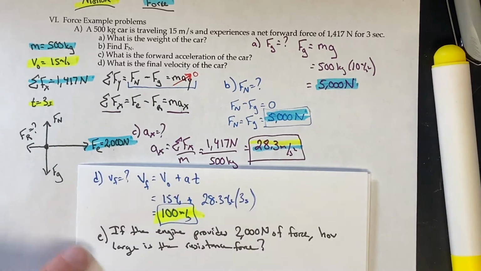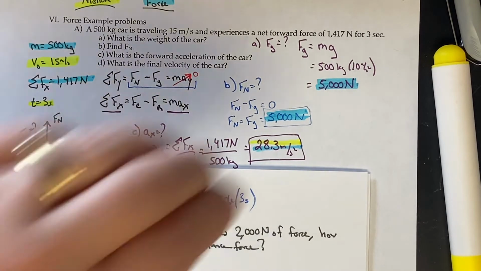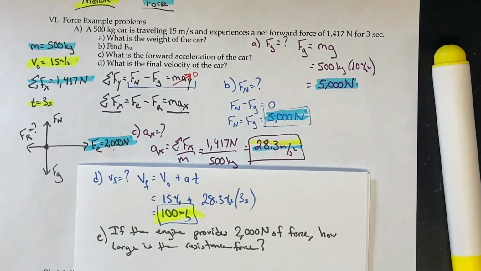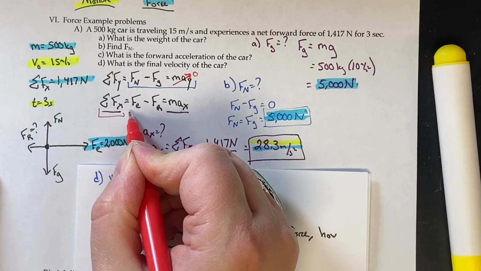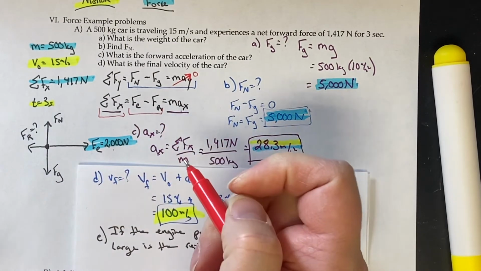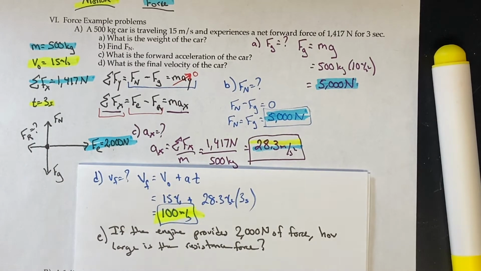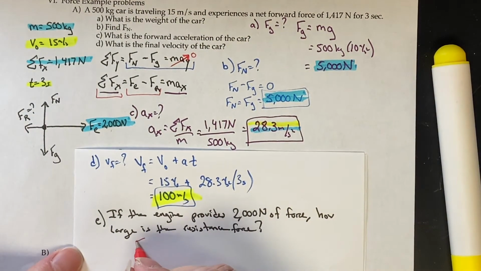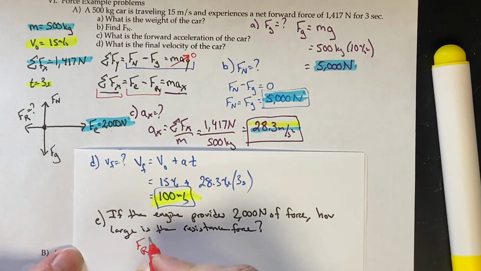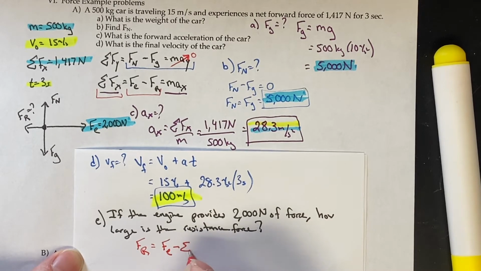I already have the equation written out on my page here. So I know that the net force is equal to the engine force minus the resistance force. And I have all of those values. So I can go ahead and rearrange the equation for my unknown. So that resistive force is equal to the engine force minus the net force in the x direction.